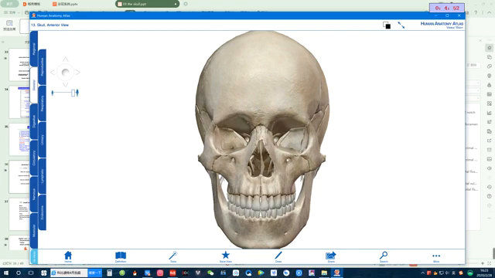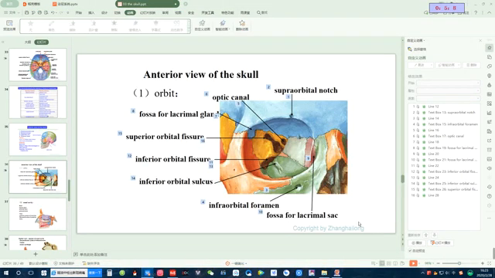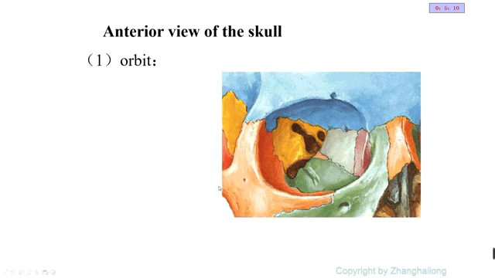Nasal. Nasal septum, nasal cavity, and here is the mouth. So, in the anterior view, you can see the bony facial framework of the skull. Now let's study them one by one. First, let's see the orbit. This one is the right orbit. Here is the nose.